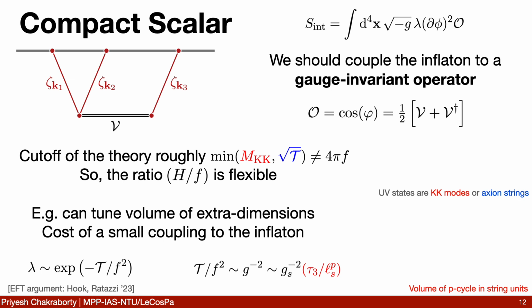But the cost of making it order 1 is that the coupling to the inflaton needs to be exponentially suppressed in the tension over f squared. So if f is too small, then the coupling will also be too small. But there's a nice EFT way of seeing this argument. You can ask me about it later on.